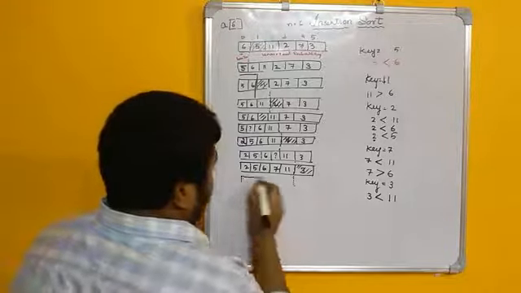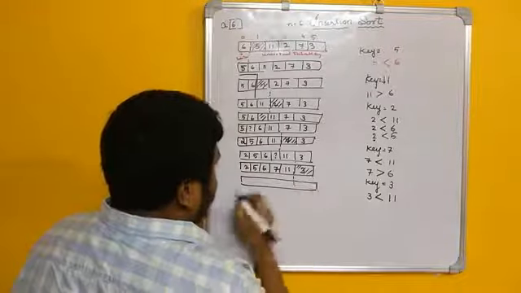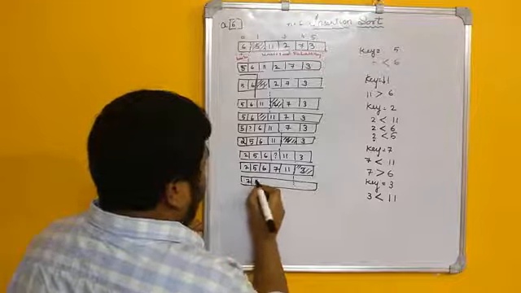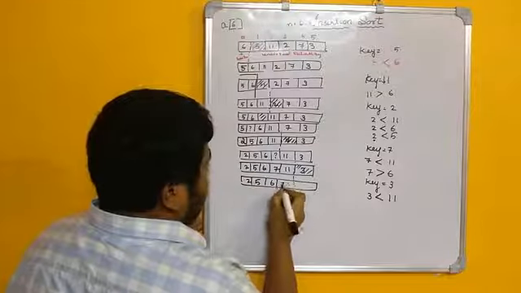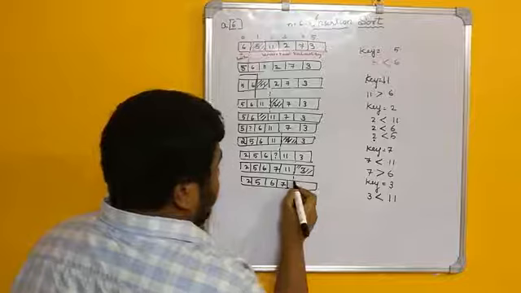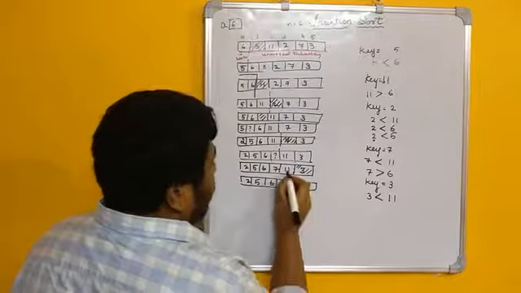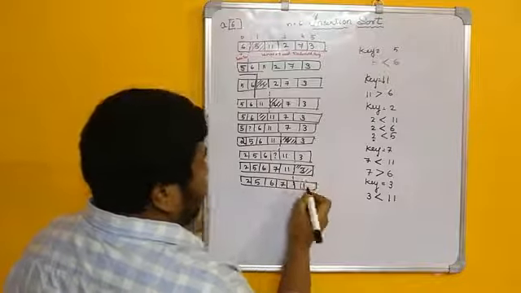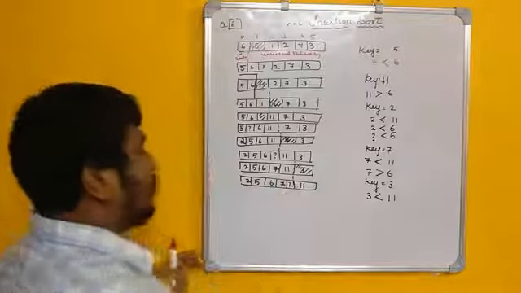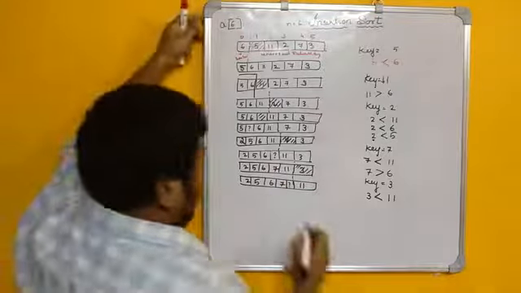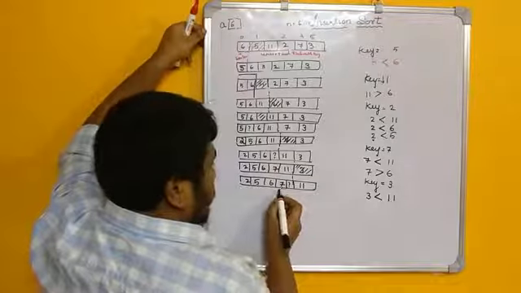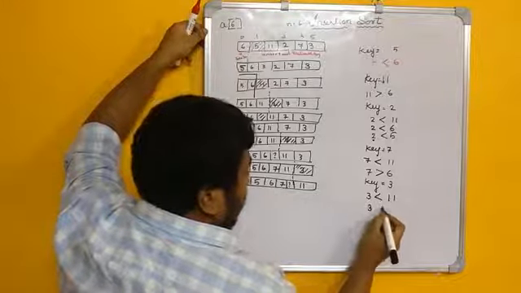So now our array will be 2, 5, 6, 7. After 7 we have blank because 11 will be shifted to last position. This is blank now. Okay. Next element in sorted subarray is 7. So compare key element with 7.